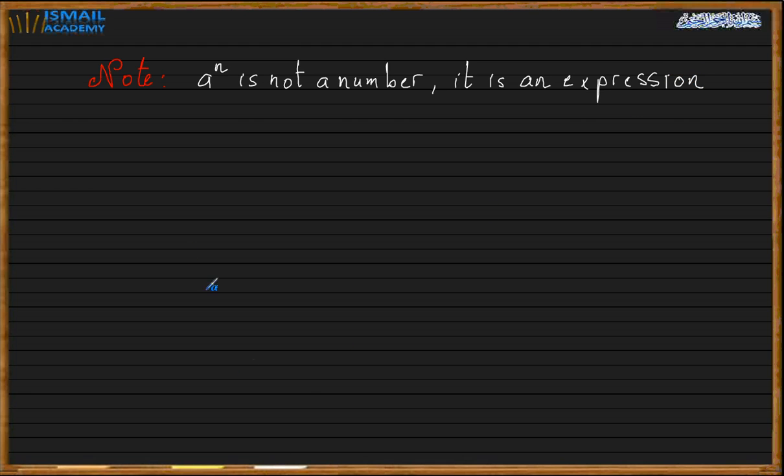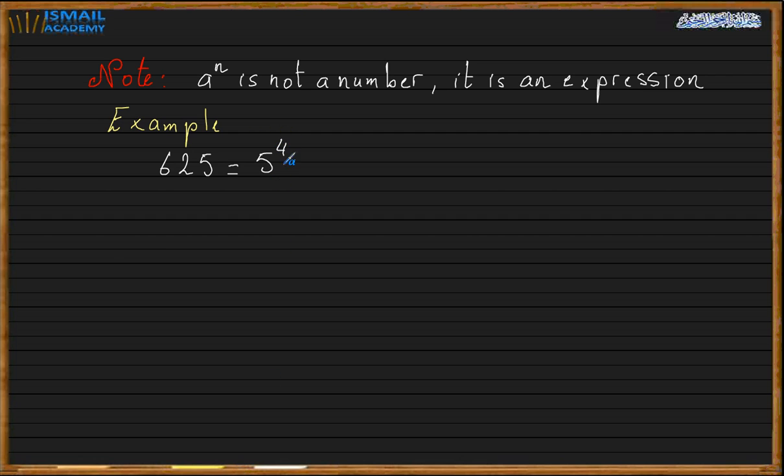So let me show you an example. Suppose I have 625. 625 is a number. If I want to write down that number in terms of power notation, I will use n equal to 4.